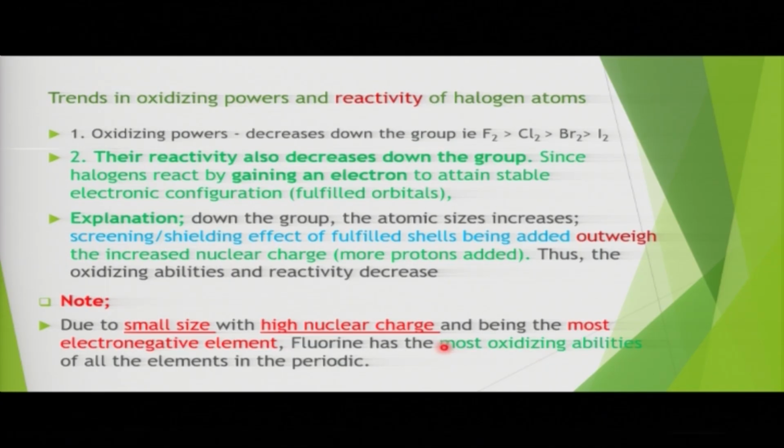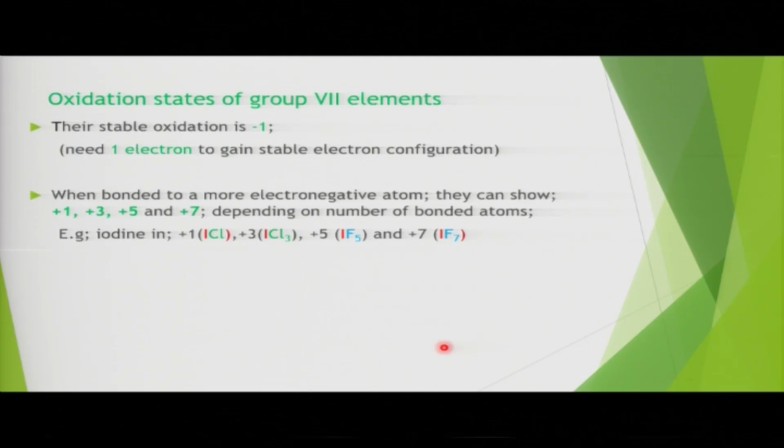So how does the oxidizing power relate to the reactivity and stability of the compounds formed? You need to know that group 7 has one prominent stable oxidation state, which is -1, coming as a result of gaining electrons.